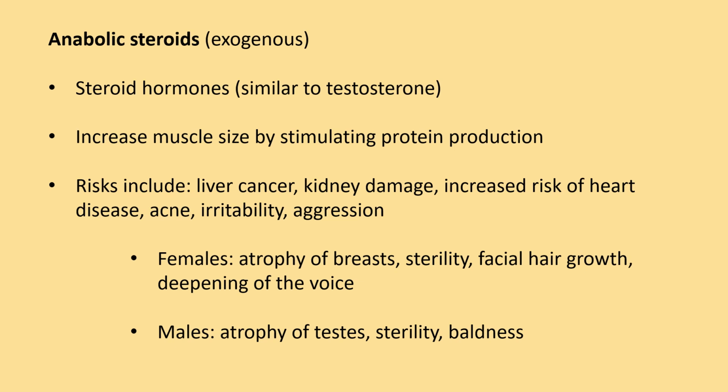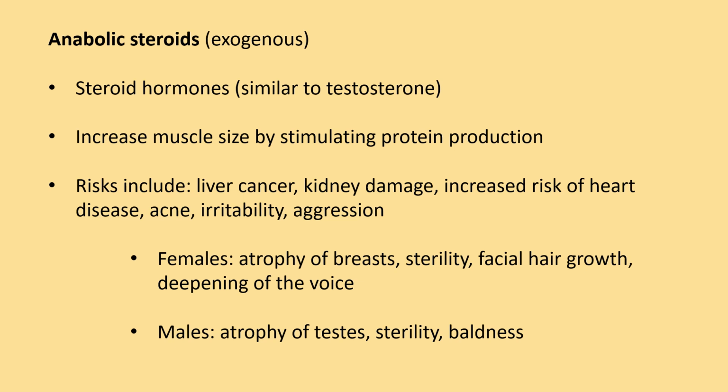The dangers of exogenous anabolic steroids include the items listed there: kidney damage, liver cancer, heart disease, aggression. So when you see some of these professional athletes beat on their girlfriends or murder their girlfriends, I'm always suspicious of anabolic steroid abuse.